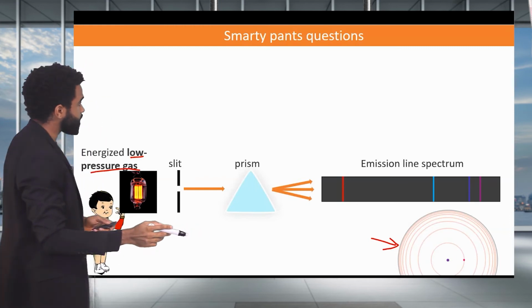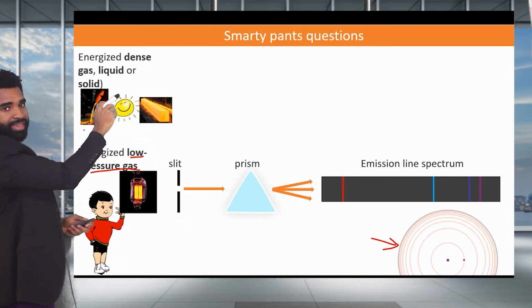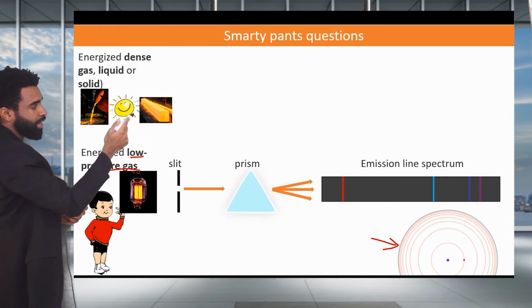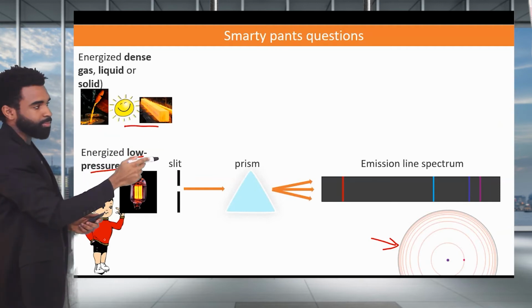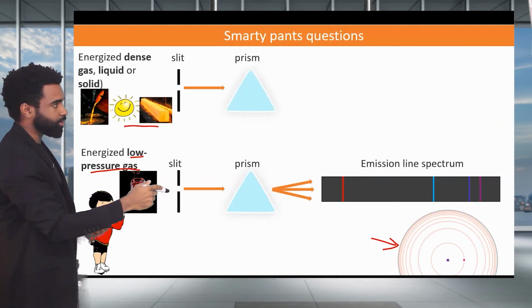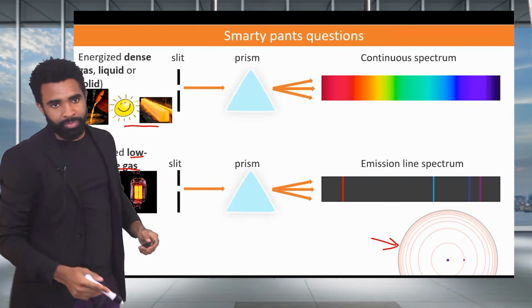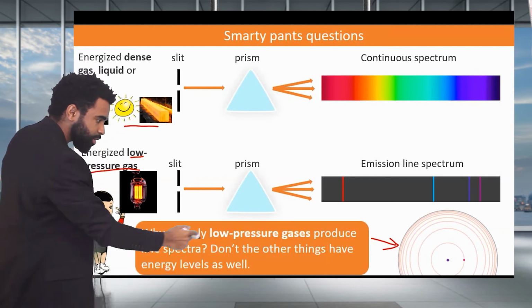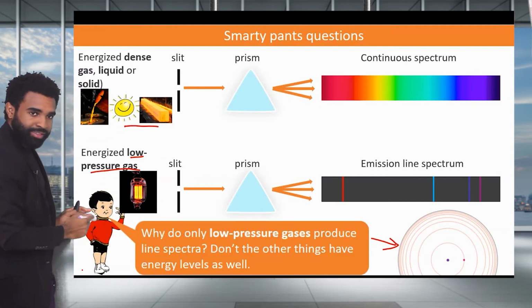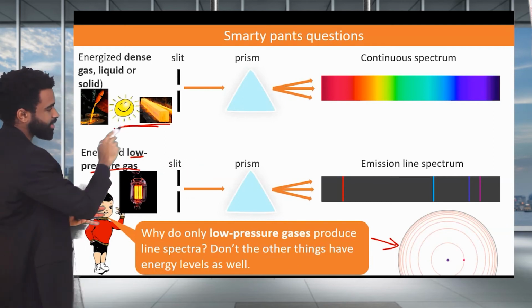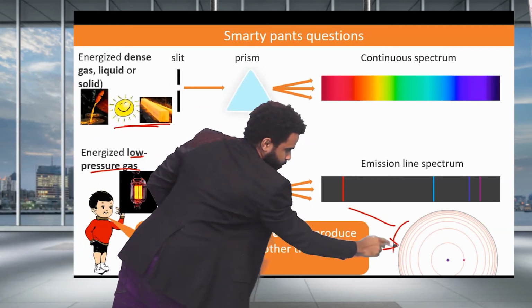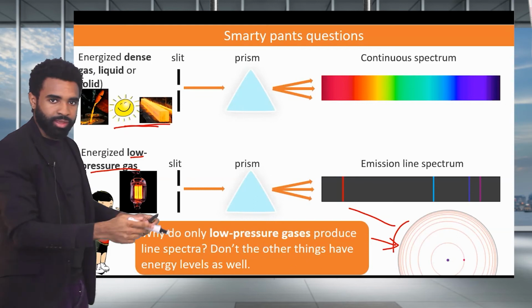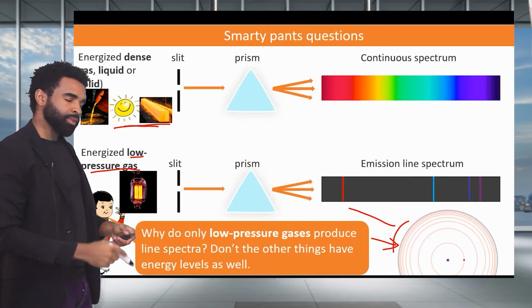But for some reason, if we make it a dense gas, a liquid or solid, and we make that glow by heating it up somehow or passing a high voltage, we get this time a continuous spectrum. So why is it only low pressure gases that produce these line spectra? Aren't these guys also made up of atoms which have energy levels as well? Why don't they also produce line spectra?